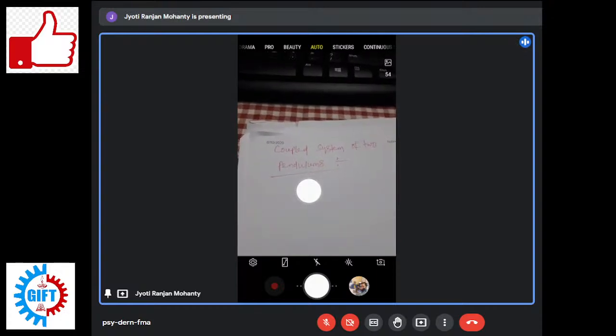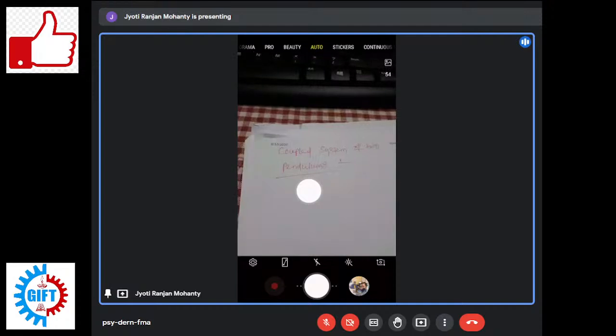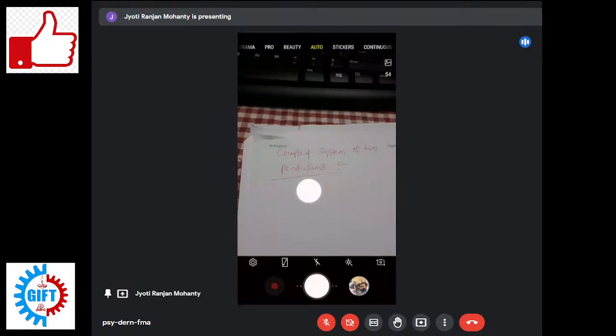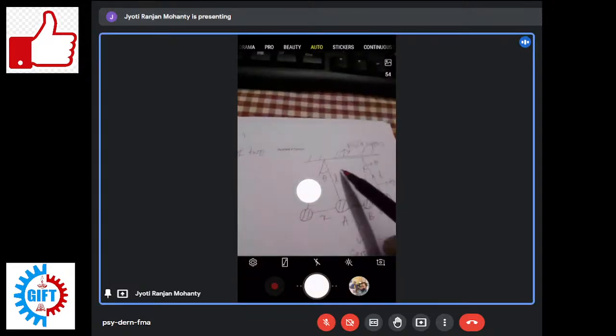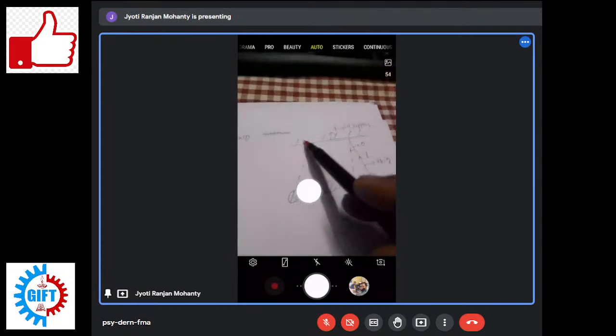Out of three examples, as per your syllabus, we have to discuss this. Have you written the heading? Coupled system of two pendulums. So you draw this diagram. I shall then explain.